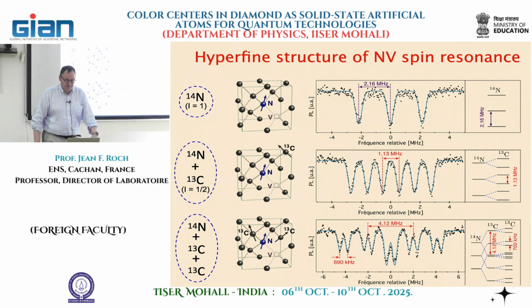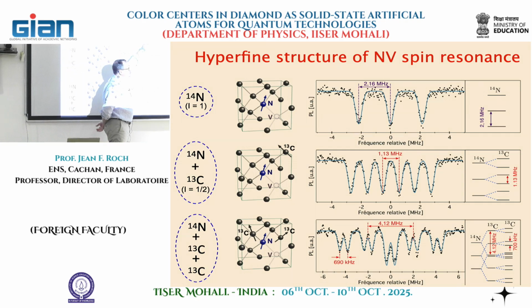Okay, so these are typical spectra. You see, for instance, if we start with the carbon-13, we have this 3-peak structure on a single NV. If I now add as another resource the coupling to 1 carbon-13, you see that each peak is now split into 2 components, as I described before, due to the hyperfine interaction with this nearby carbon nuclei at around 1 megahertz.